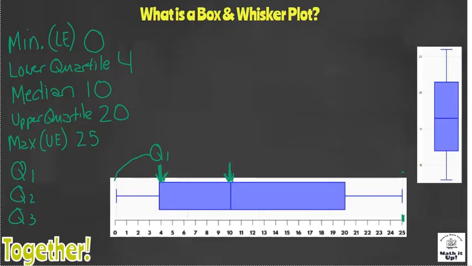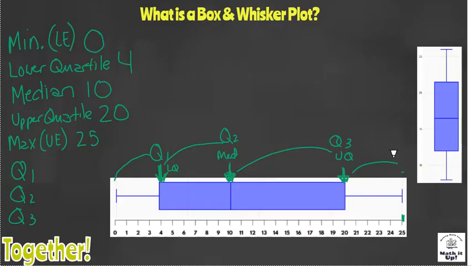This is our median. This is our lower quartile, and that's considered quartile 2. So that's all the data sitting from here to here. And then our upper quartile here is considered quartile 3, and that's all the data sitting from here to here. And of course, this would be the 4th quartile of data here.